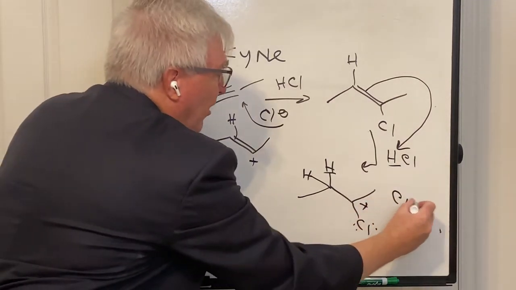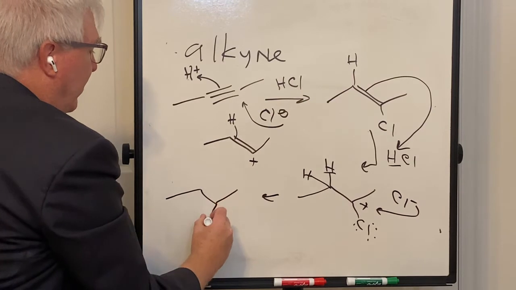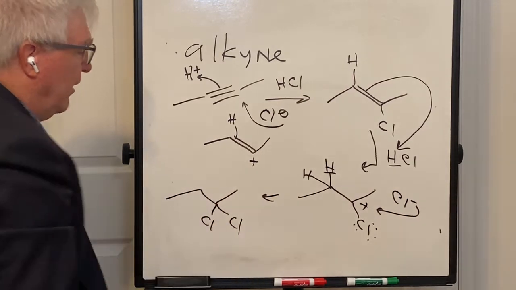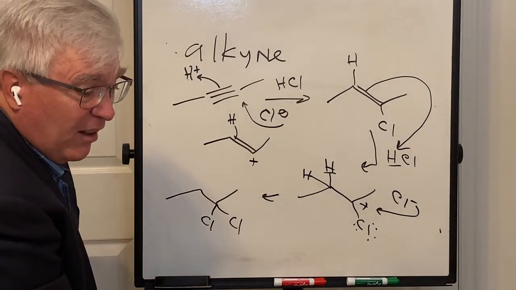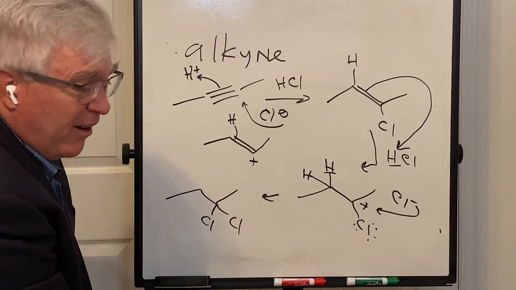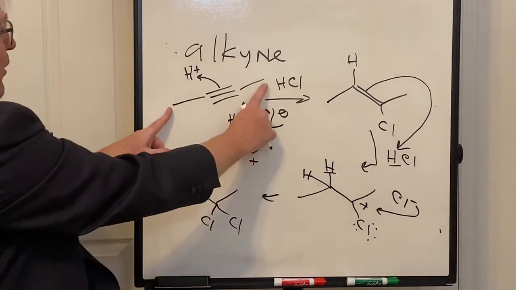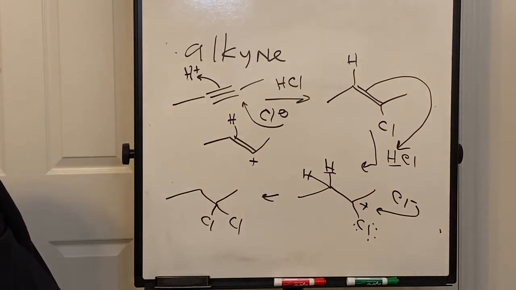And then what do you have? Chloride minus attack. And yeah, that goes to the geminal dihalide, okay? Same thing for HCl, HBr also works in a similar manner there. If these are different groups here on the end, this is a symmetrical alkyne. You've got some differences there.